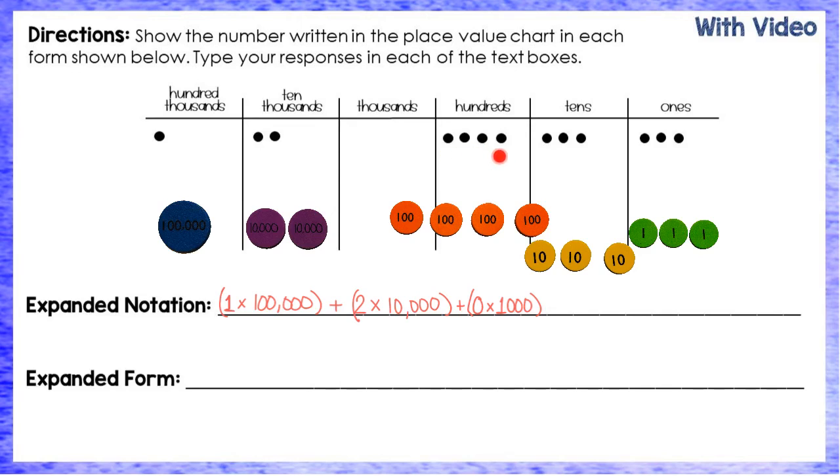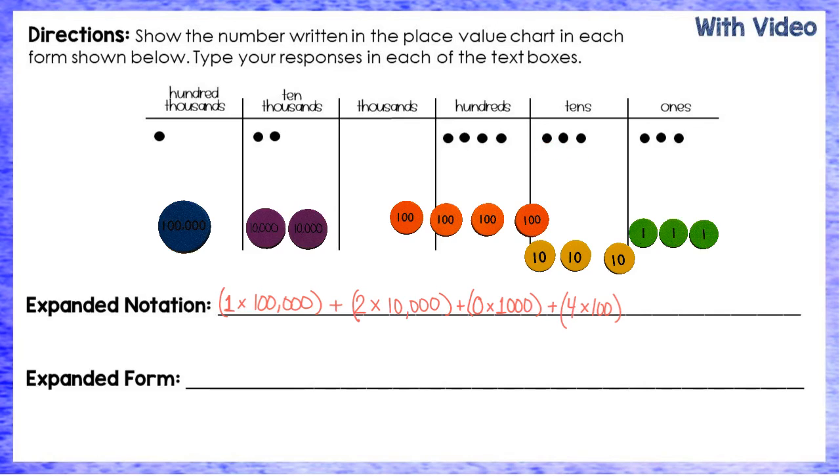In the hundreds place, we have 4, and each of these 4 dots is worth 100. So we have 4 times 100. Then in the tens, we have 3. And each of these is representing a 10.